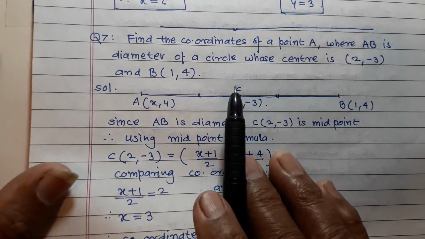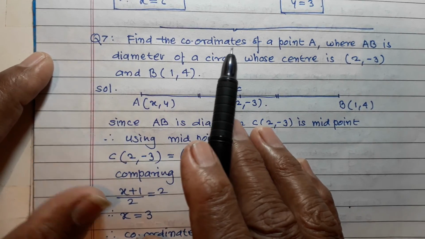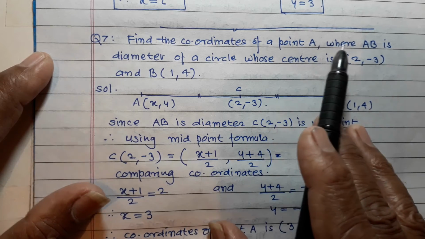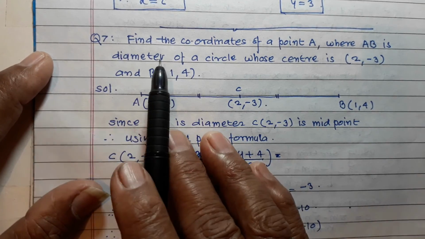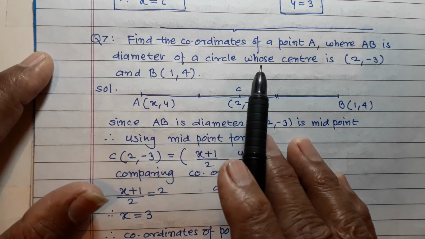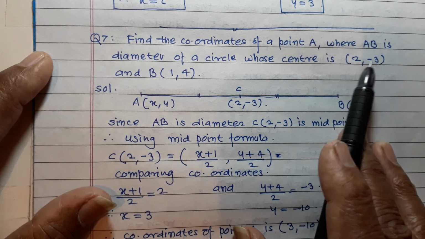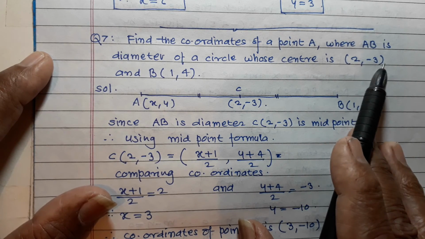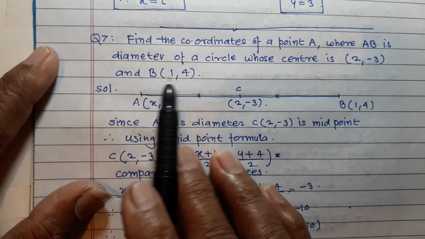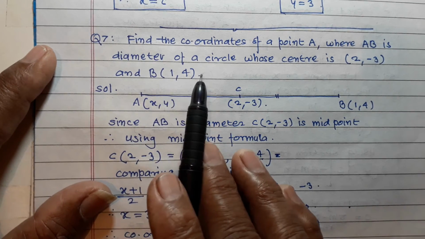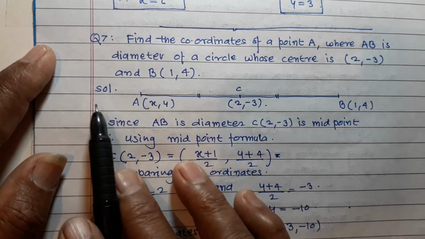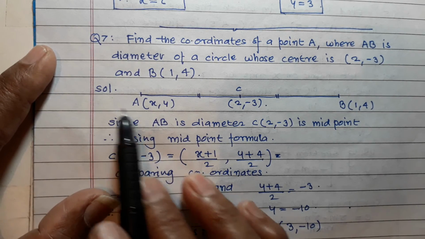Question number 7. Find the coordinates of a point A where AB is the diameter of a circle whose center is (2, -3) and B is (1, 4). Now try to understand the solution.